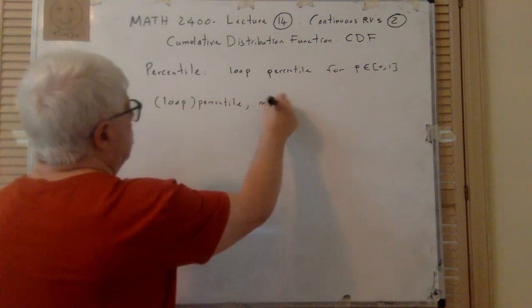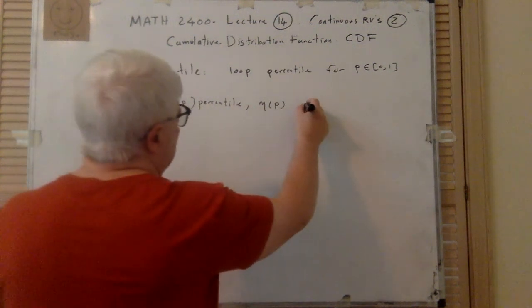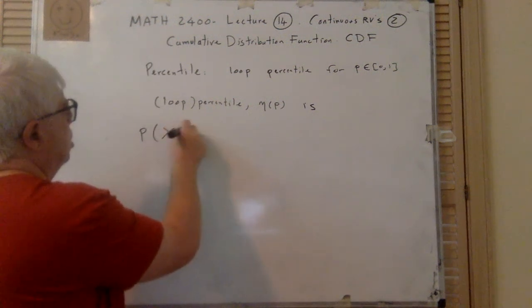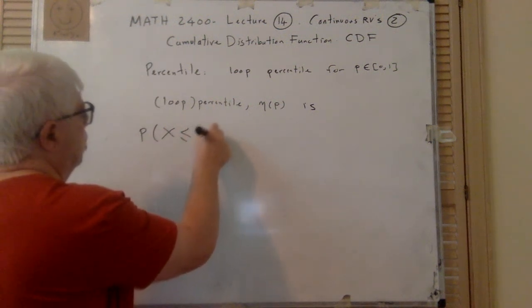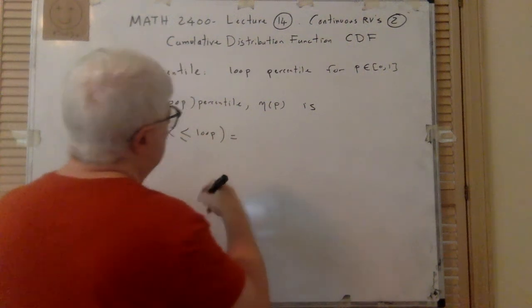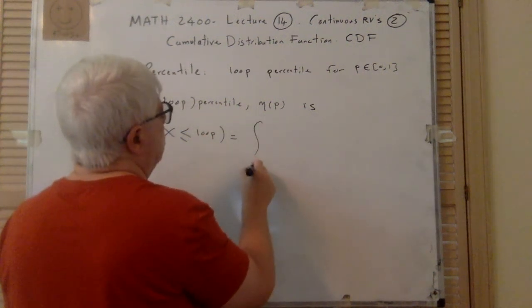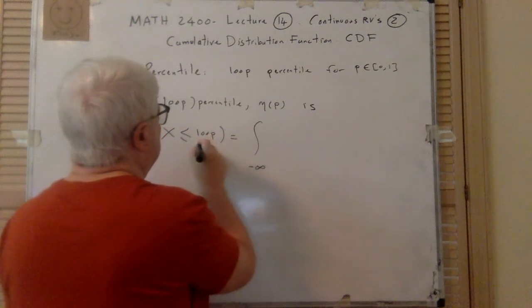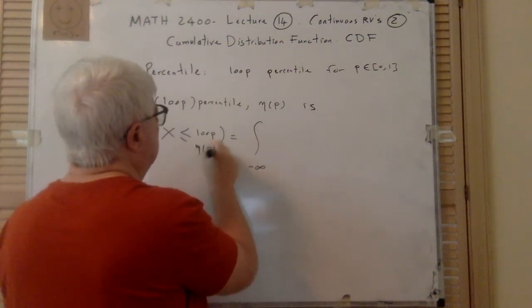It uses eta of p, which is the probability that X is less than or equal to it, from negative infinity to this thing, which is eta of p.